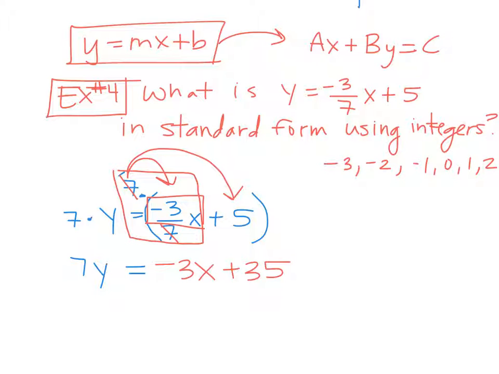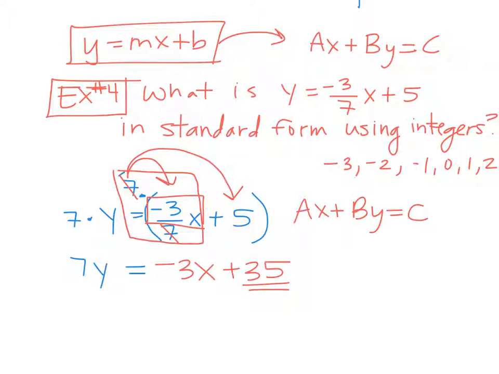How can I then move that into standard form so it looks like this? How can I get my x and y on the same side? Nathan, pay attention. No, because the 7 has a y with it, so you can't combine those. We want this 35.